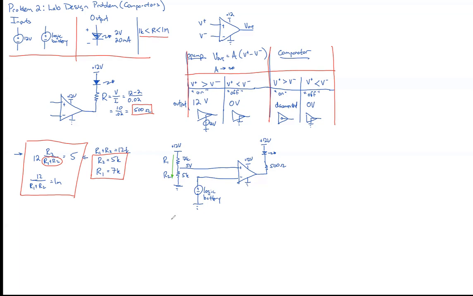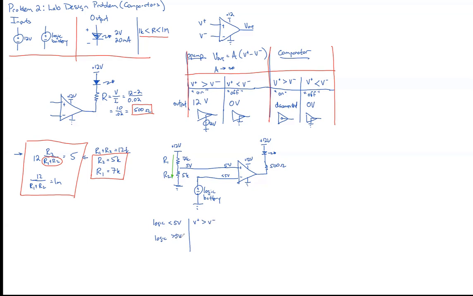When the logic battery is less than 5 volts, what happens? And we can check when the logic battery is greater than 5 volts. When it's less than 5 volts, we know this will always be 5 volts. This will be less than 5 volts. So now we know that V plus will be greater than V minus.